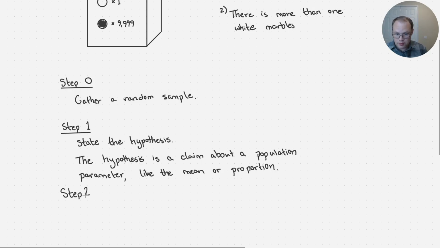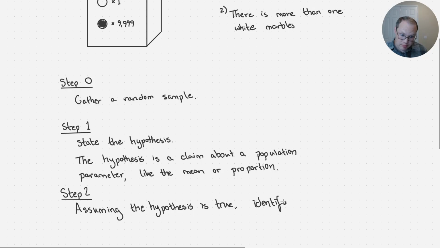we go to step two, which is, assuming the hypothesis is true, identify the sampling distribution.